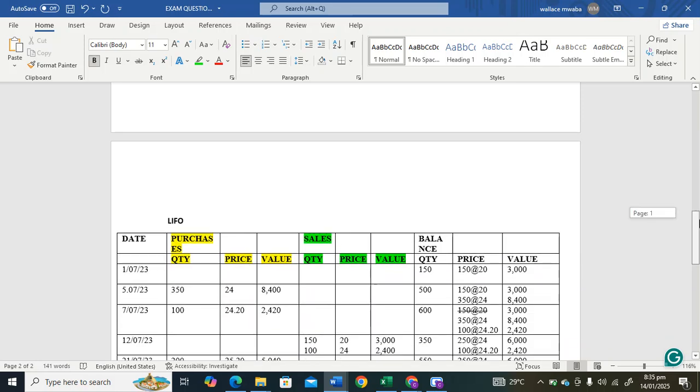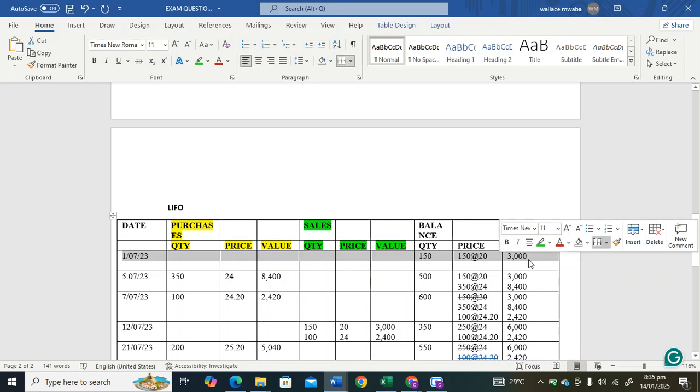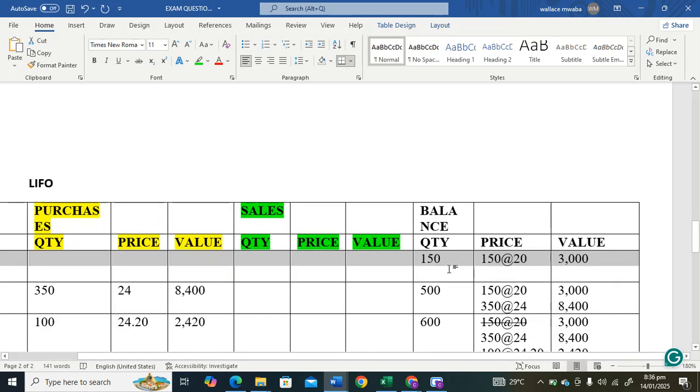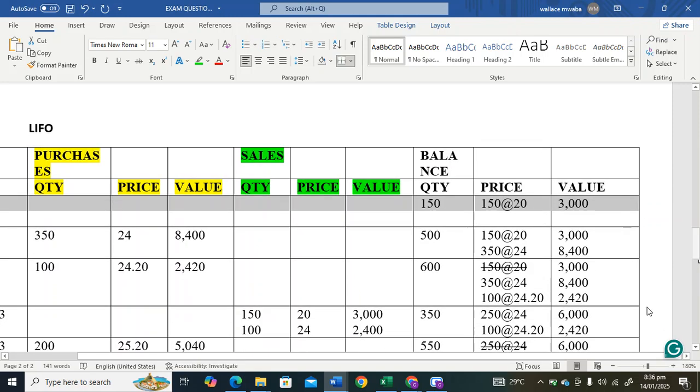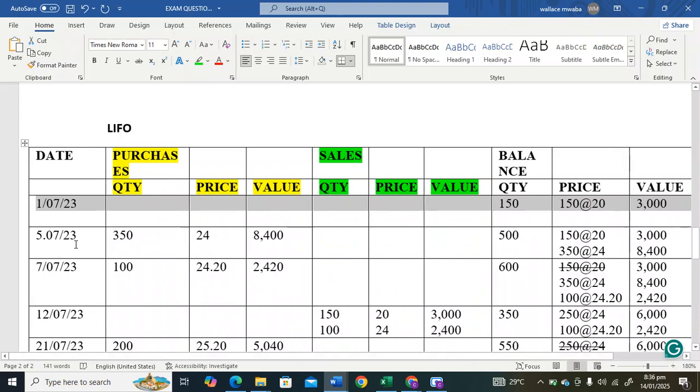So opening inventory is still going to stay the same. These 150 units valued at 20 kwacha are still going to stay there. On the 5th of July, these purchases are still going to stay the same. We purchased 350 goods. We have now a total of 500 goods.